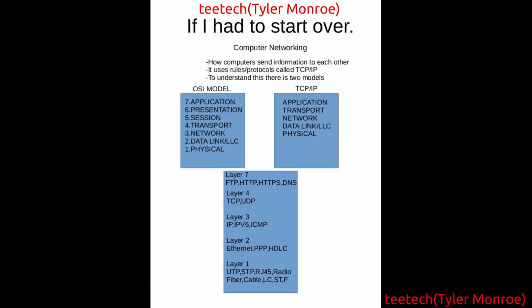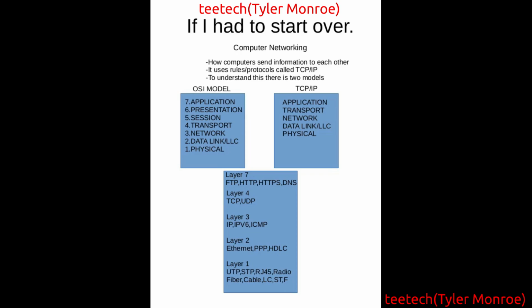So layer 7 handles the protocols, and these are all the instructions. Things like FTP, HTTP, HTTPS, DNS, things like that. And those are what things like Firefox use to get you web pages. Layer 4 is the transport layer, and that handles protocols like TCP and UDP.